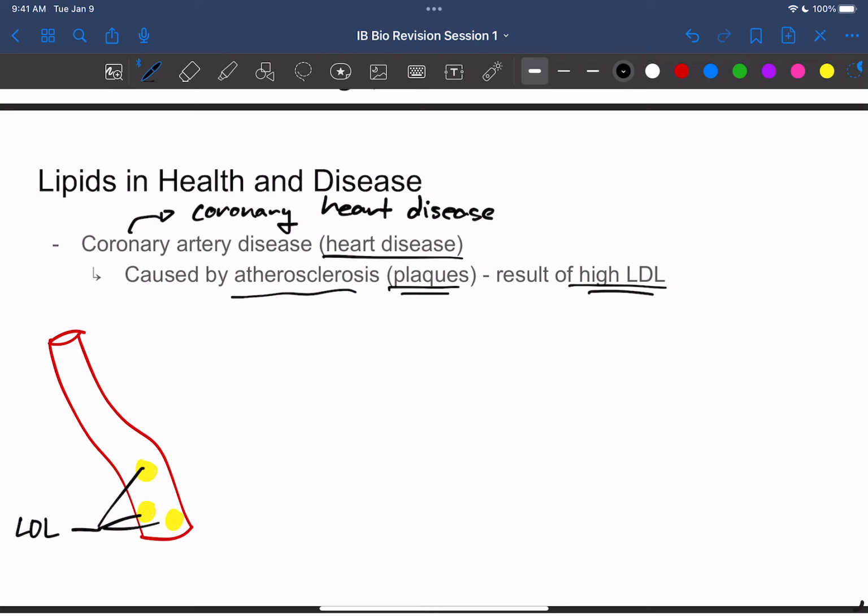The reason why is at some point when you have enough LDL, your cells say stop, no more. So it no longer accepts the LDL, so it builds up over time when you consume a lot of fats, saturated fats, or trans fats.